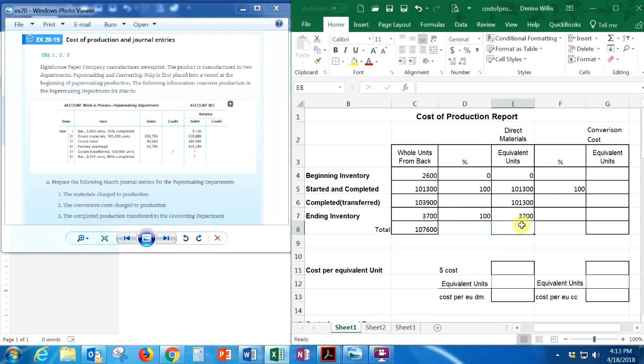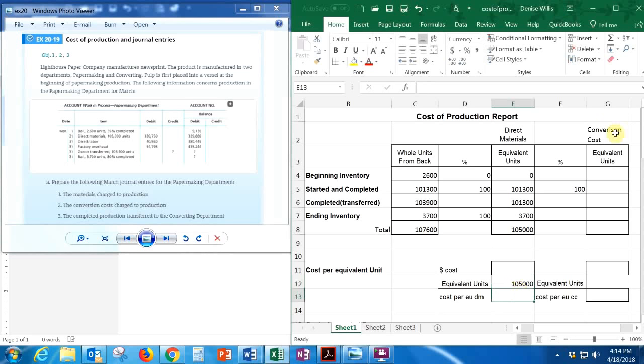We can now take these bottom two numbers, this plus this. That gives us the number of direct materials equivalent units that we put into production this period, 105. Now I'm going to go ahead and just copy that 105 down here because that's what we're going to need.